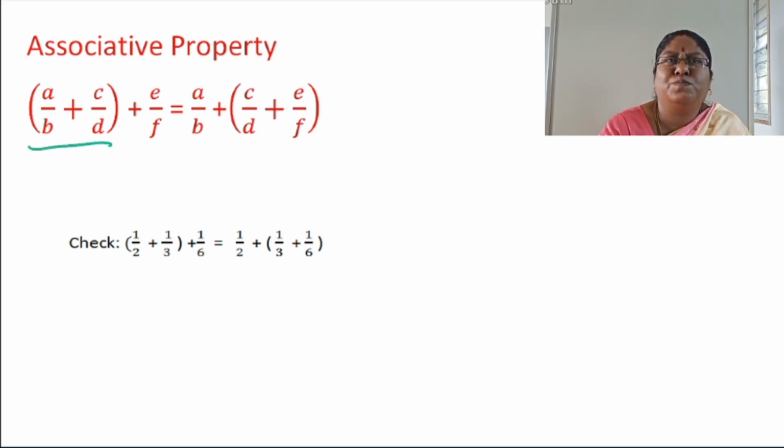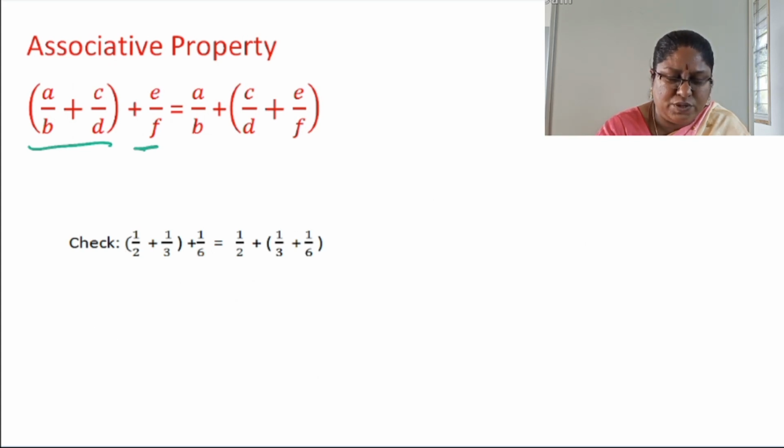That means first the 2 members, for example, are working together. When they are working together, their result comes. Again, there is a third person, E by F. He goes and joins them, and 3 persons are working together. That result you finally get. So keep it.